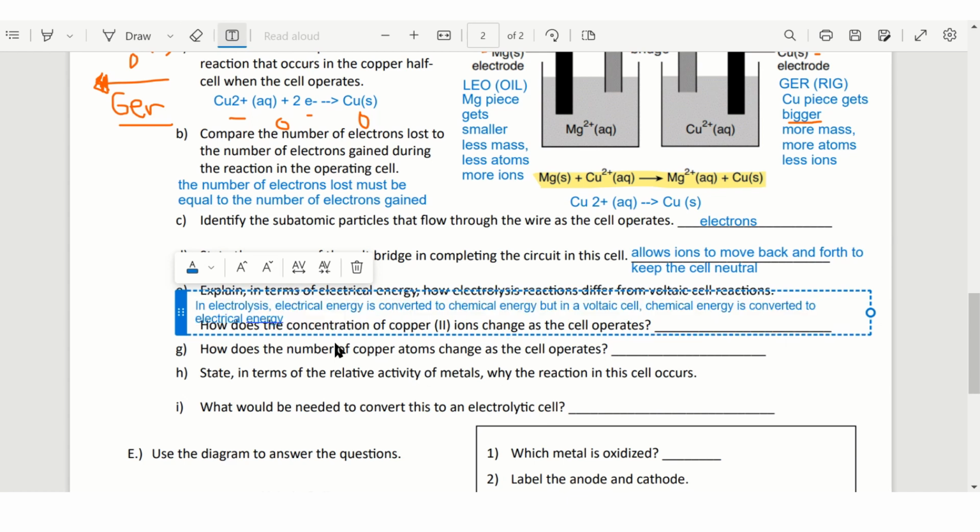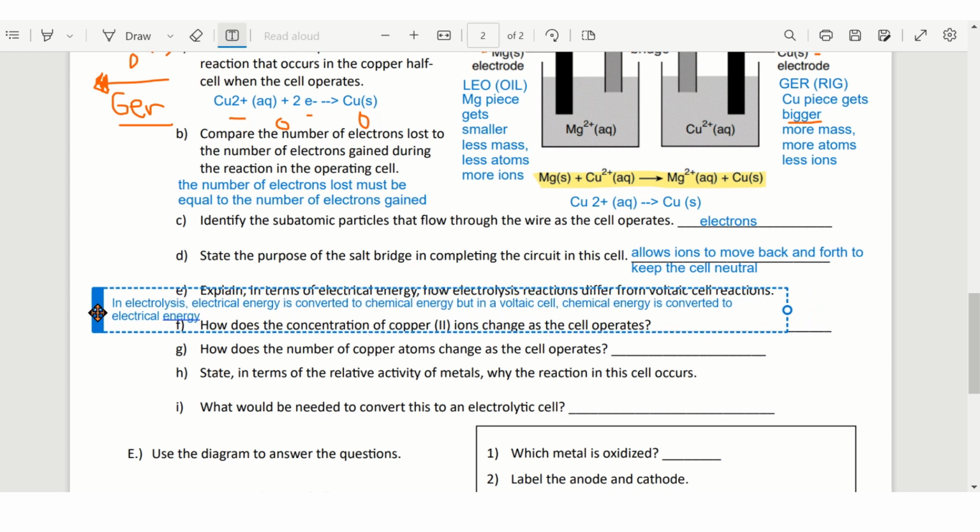All right, so let me move that so we can actually see it. There we go.